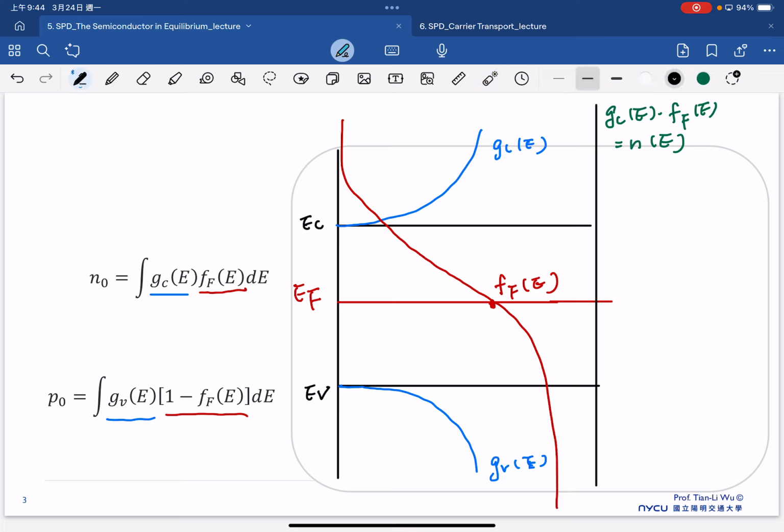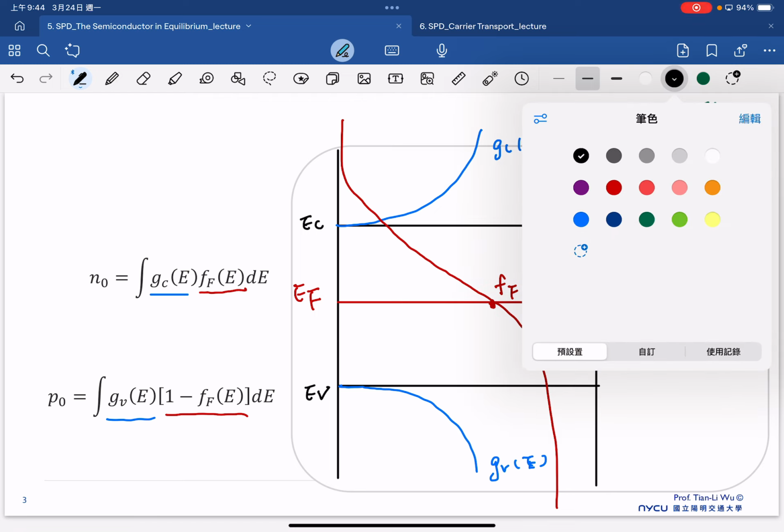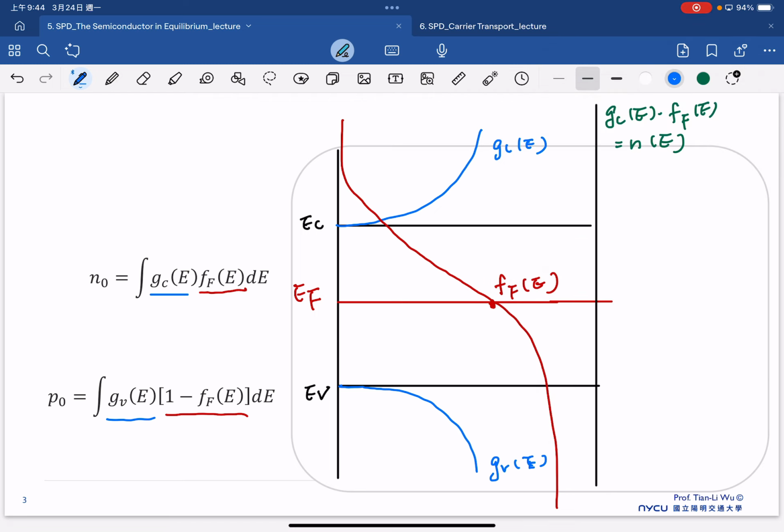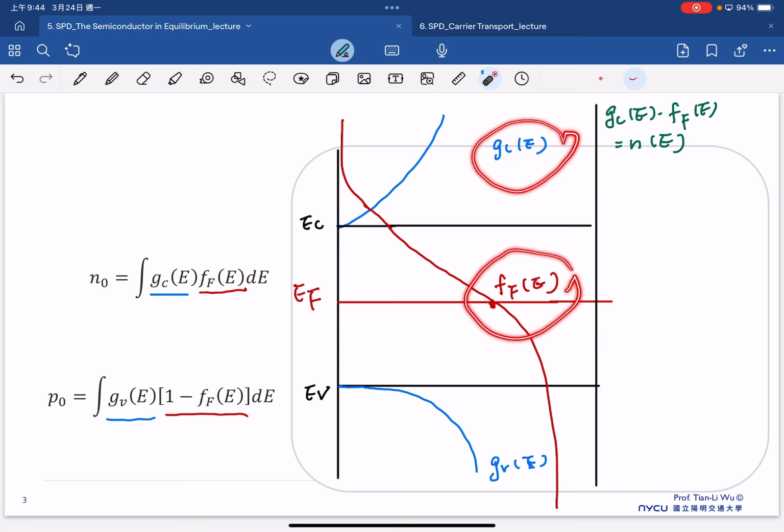So the integration of this function with this function, what we try to estimate is the area below, because we multiply these two curves together.